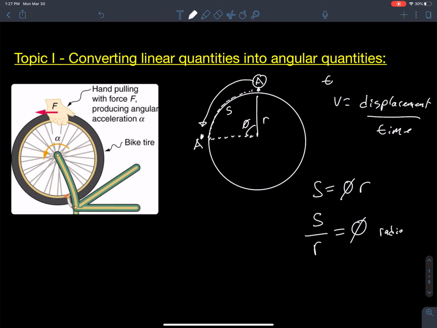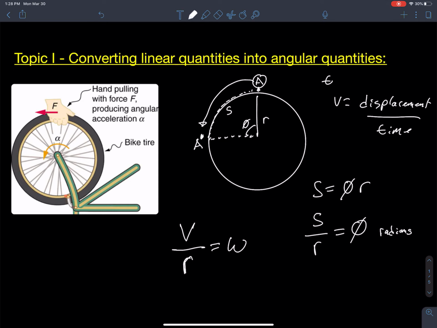If you recall from our previous units. So my linear velocity, my change in distance over time, which is that arc length S that I moved over time, is going to give me my velocity. But how do I go from my velocity to my angular frequency? Velocity divided by radius is equal to angular frequency.